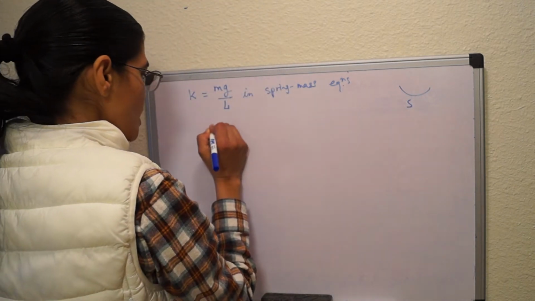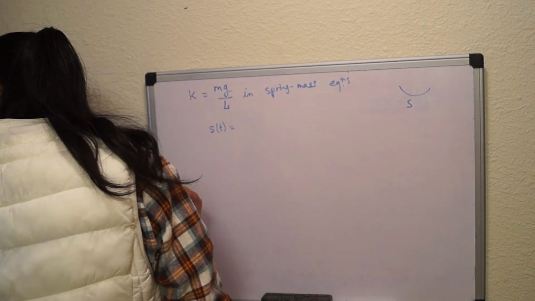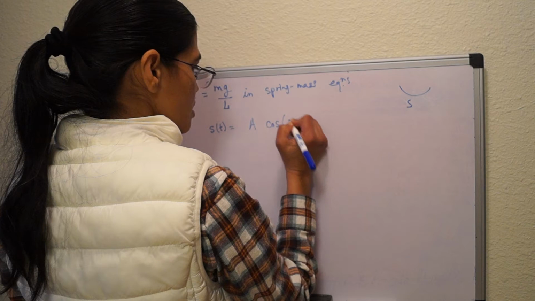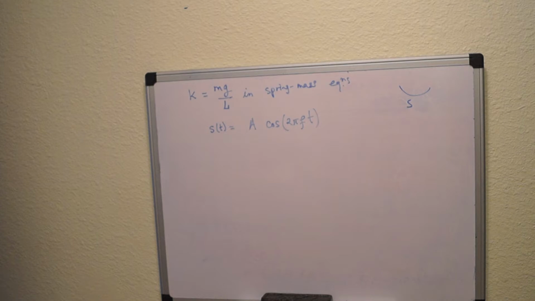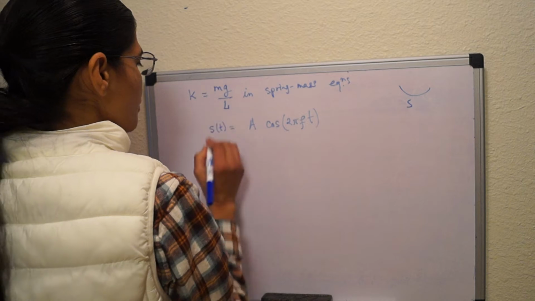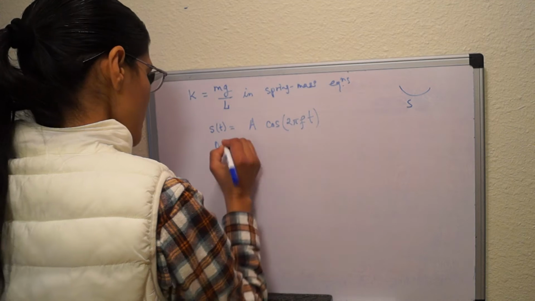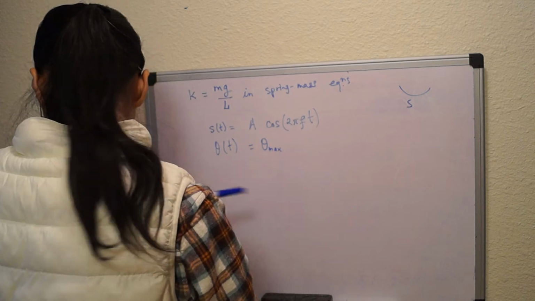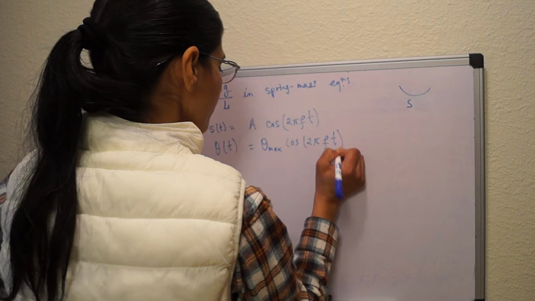So instead of x(t) we can write s(t) equal to A cos 2 pi f t, okay, and this is for the arc length, or we could also do it for the angular displacement. So theta(t) could be written as the maximum value of theta, theta max, times cos of 2 pi f t, okay.